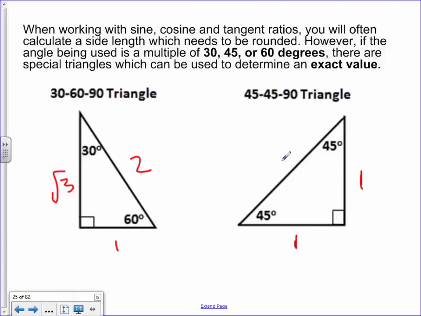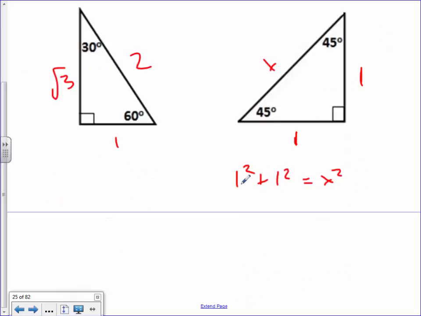Based on that, we should be able to calculate the hypotenuse side: 1 squared plus 1 squared equals x squared. What's 1 squared? 1. What's 1 squared? 1. When you add them together, it gives you 2. So when you square root, this side right here is root 2.